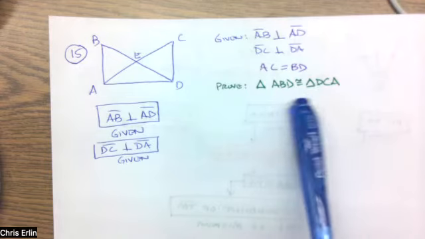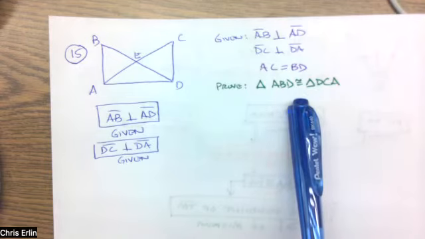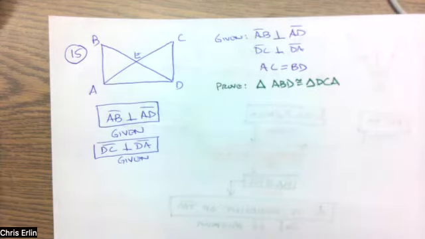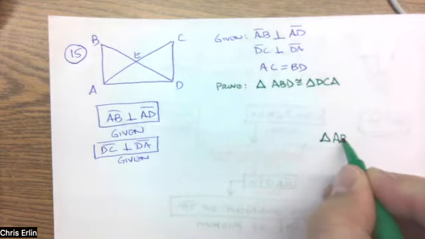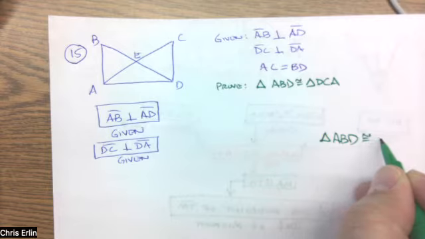Well, we're ending at the triangles are congruent, not the parts, right? So I think this one's going to just be that step. We're not going to have to go through CPCTC.